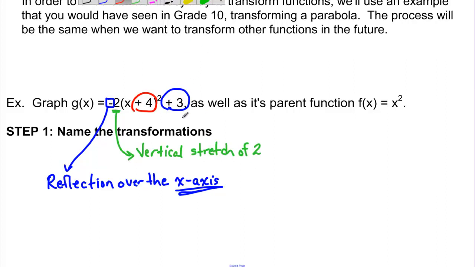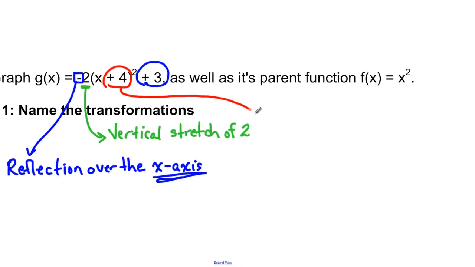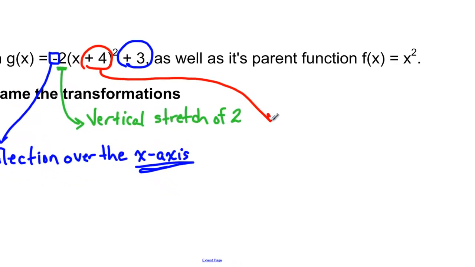Okay, let's move on to this plus 4 right here. If you can remember back to quadratics, the number inside the brackets with the x tells us if the parabola is moving left or right. So this is actually a horizontal translation. The thing to remember though is anytime we deal with numbers beside an x value, in this case in brackets with the x, those numbers always mean the opposite of what you think they mean.